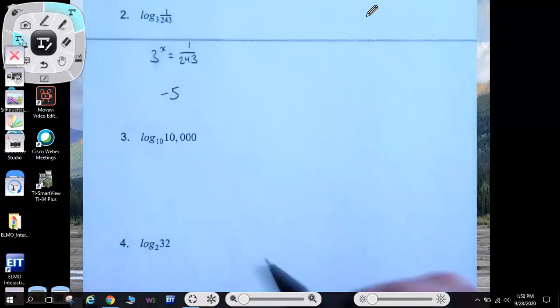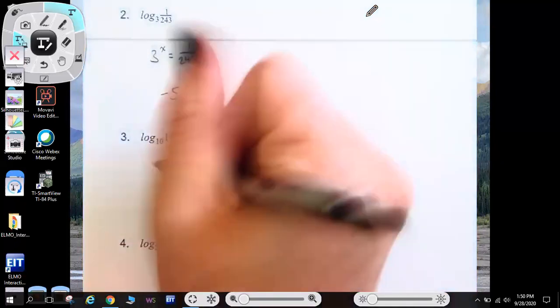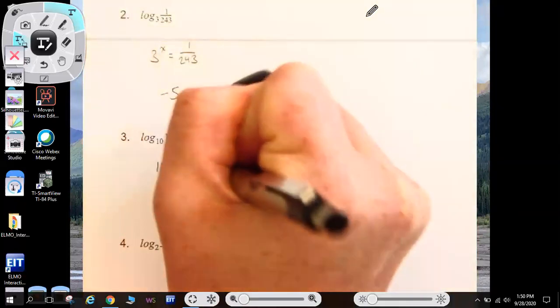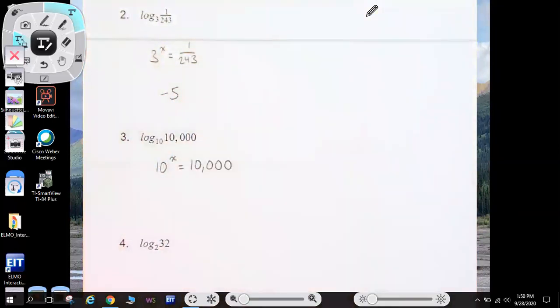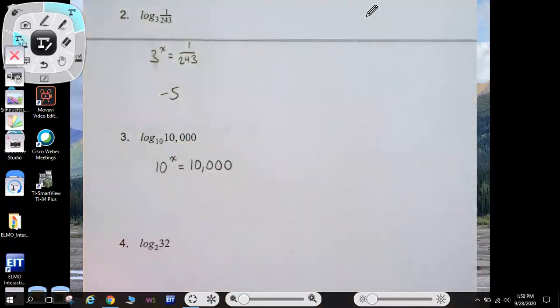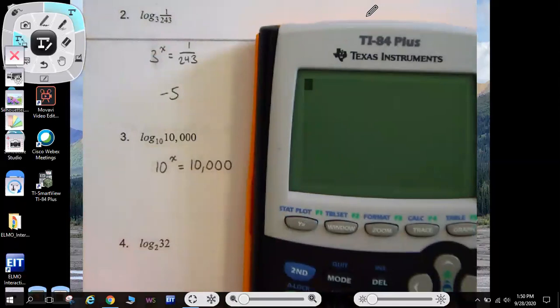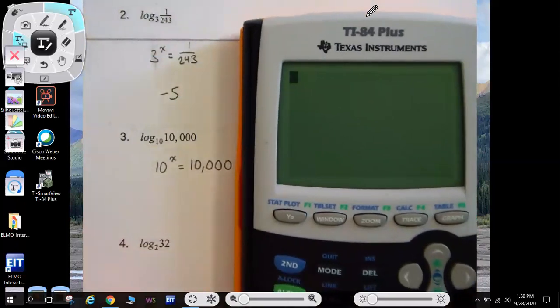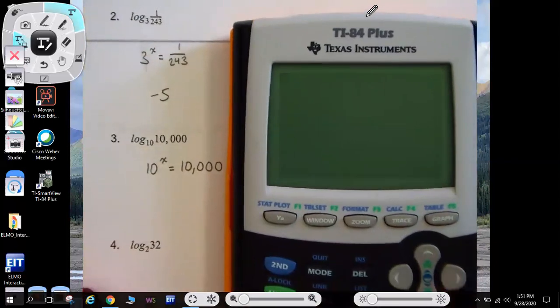Number 3, log base 10 of 10,000. This logarithm is asking 10 to what power equals 10,000. So you're just trying different exponents on 10 until you get 10,000. I wanted to show you guys something that happens because a lot of students had this issue.